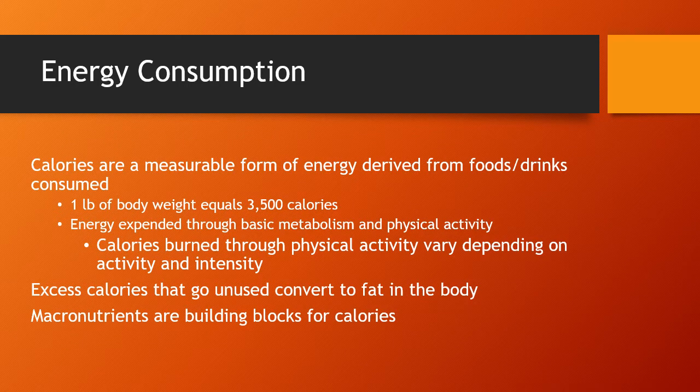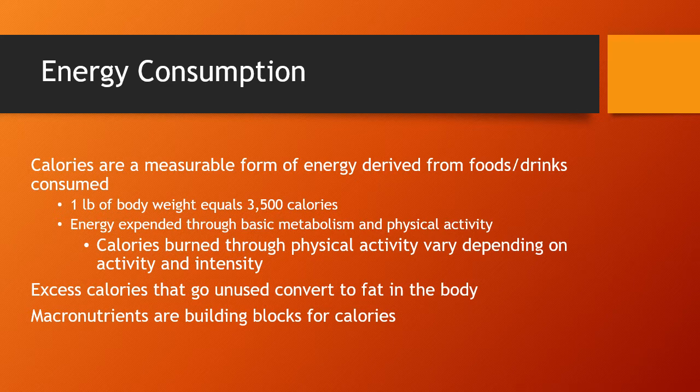We're going to broach the topic of energy consumption and what that actually means for us. Now, energy is something that comes from macronutrients in the forms of carbohydrates, fats, and proteins. And all three of these macronutrients are essential for everyday body function. But all these macronutrients also entail something called calories.